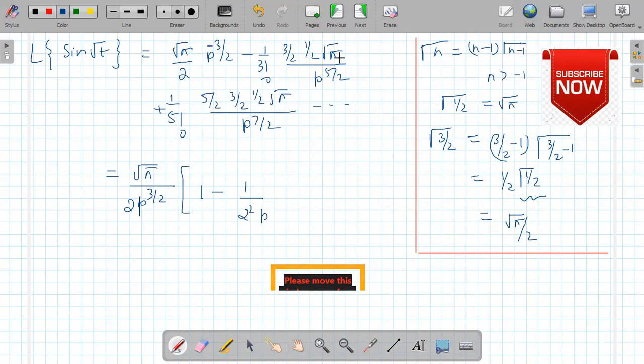Okay, p raised power 3 by 2 minus करेंगे तो we will get p. Plus 1 upon 2 factorial 1 upon 2 square into p whole square and so on.